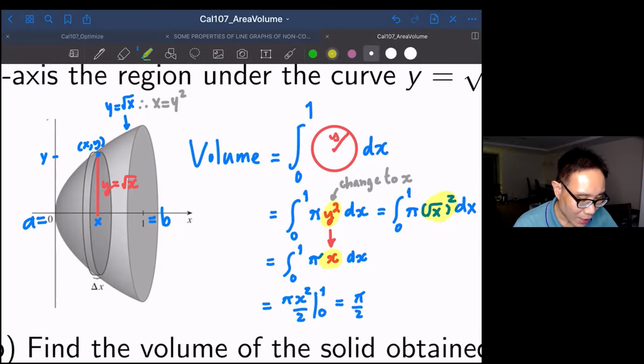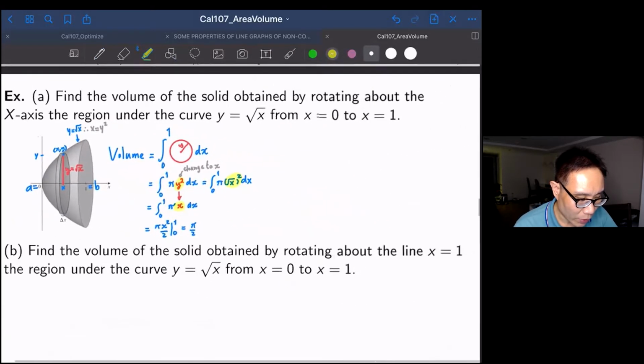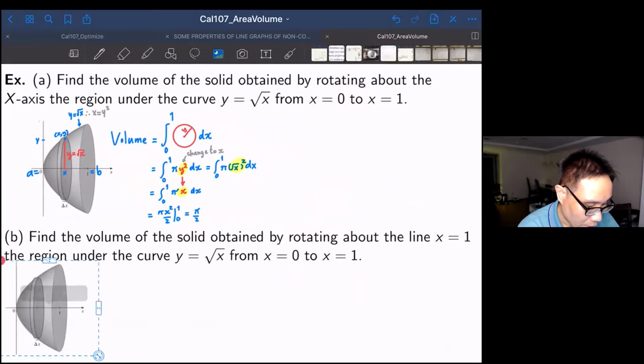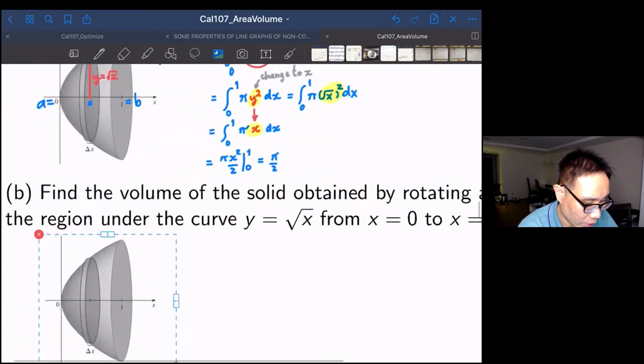The second question asks you to find the volume of the solid obtained by rotating about the line x equal to 1 the same region in A. So let's have the region in A first.